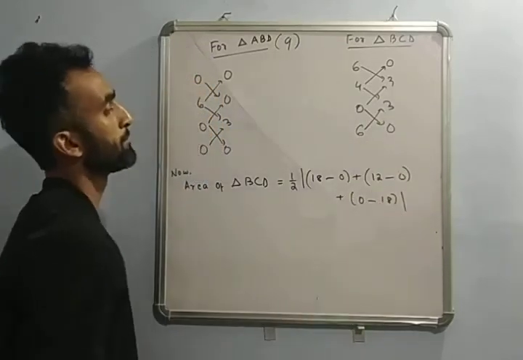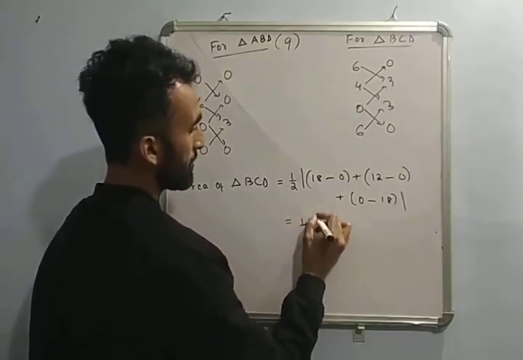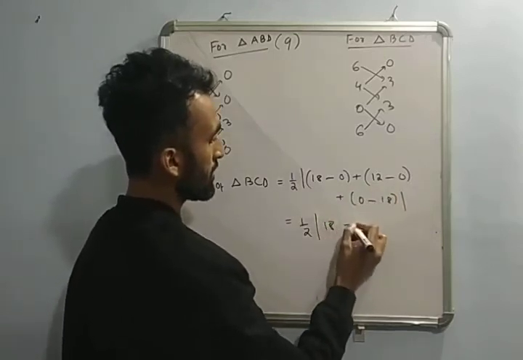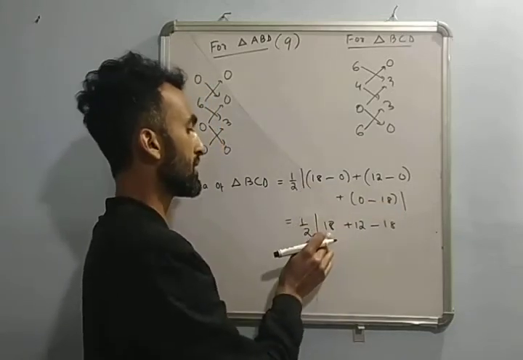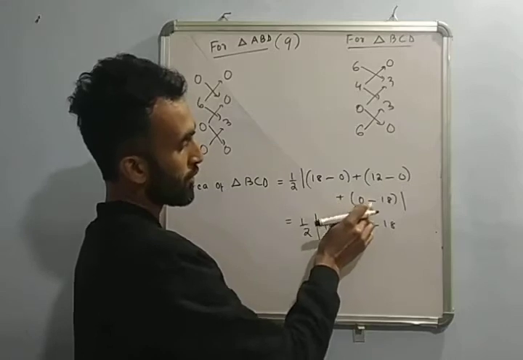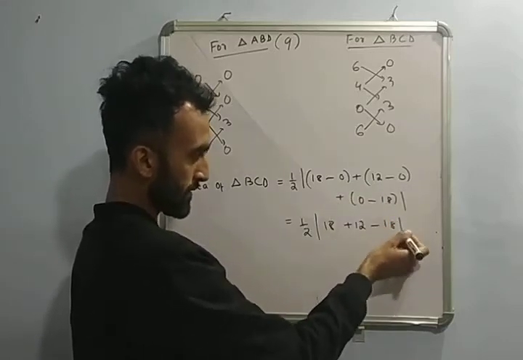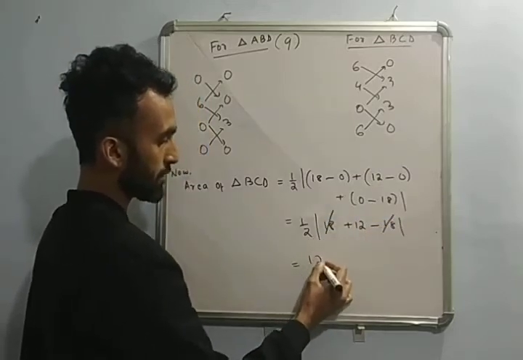Close this. Now this becomes half of 18 plus 12 minus 18. Because 18 minus 0 is 18, 12 minus 0 is 12, 0 minus 18 is minus 18. Plus into minus is minus. Plus 18 and minus 18 cancel. And we are having 12.